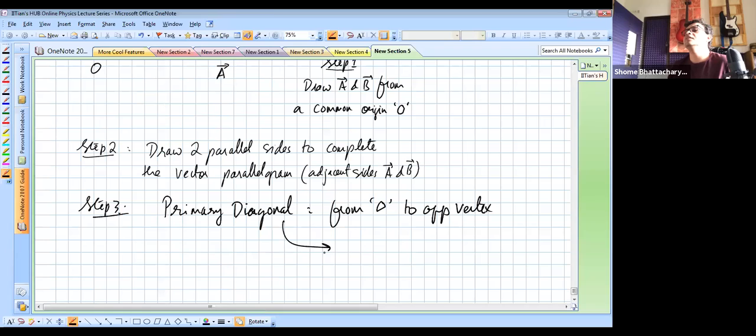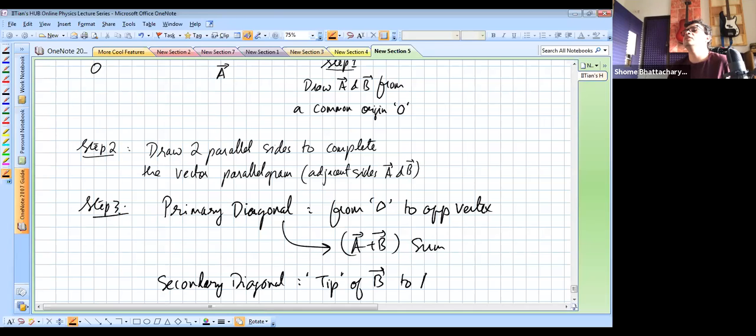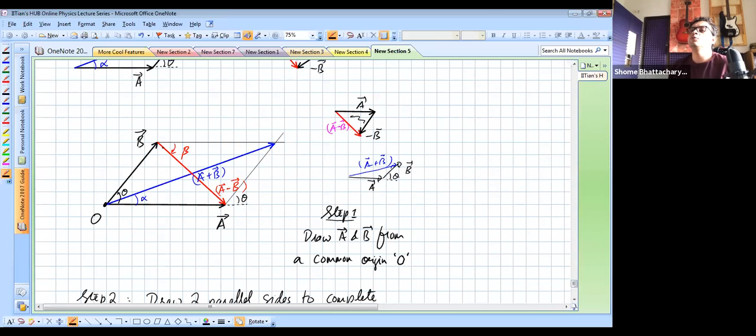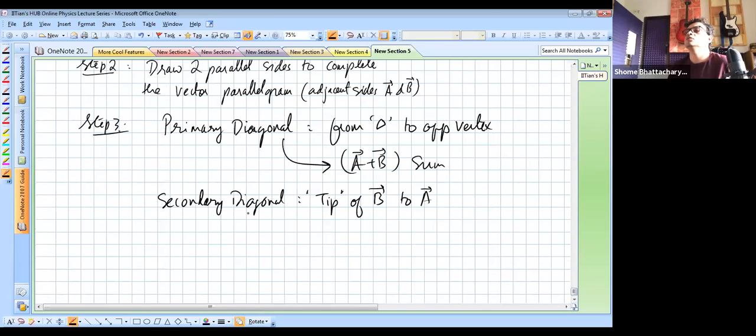The primary diagonal actually represents the sum of the two vectors, and the secondary diagonal, which we have drawn from the tip of B to the tip of A, this one, from the tip of B to the tip of A, that actually now represents, so this secondary diagonal now represents the difference, A minus B.